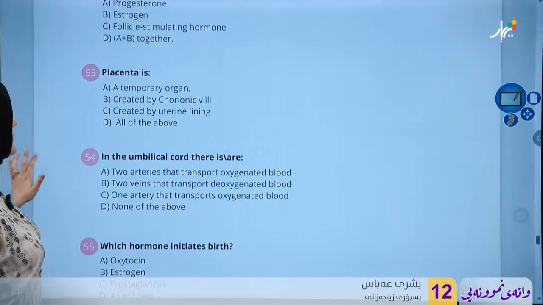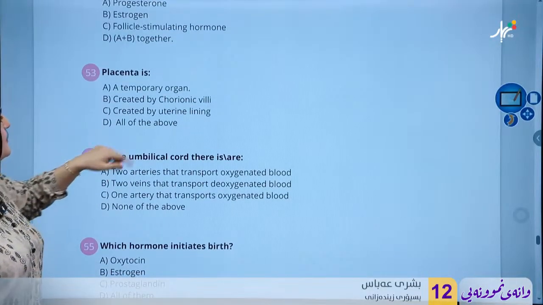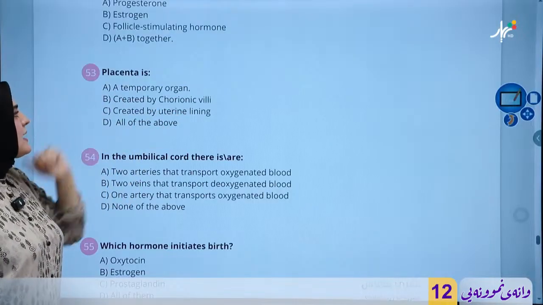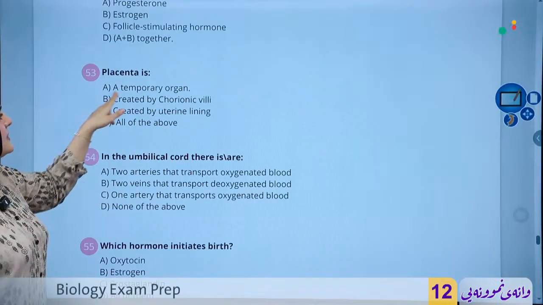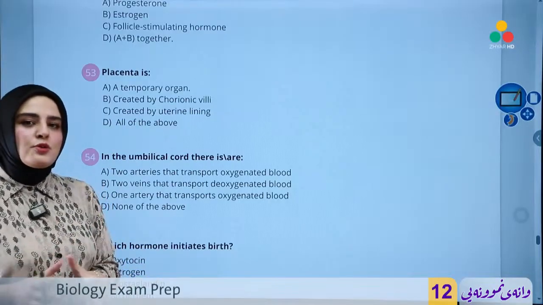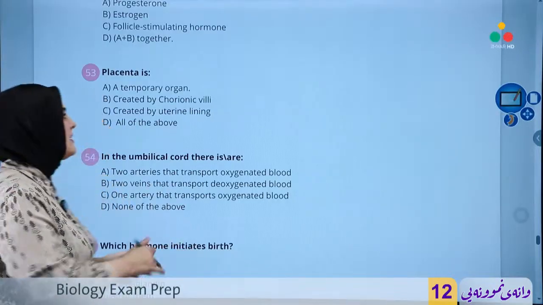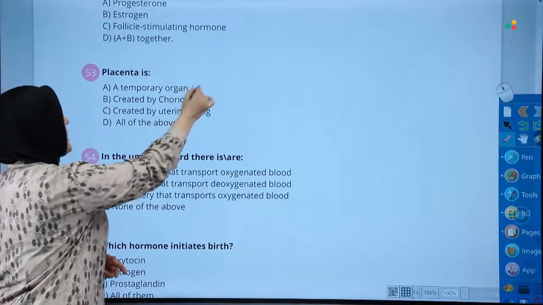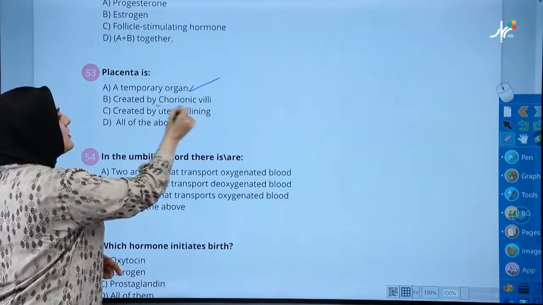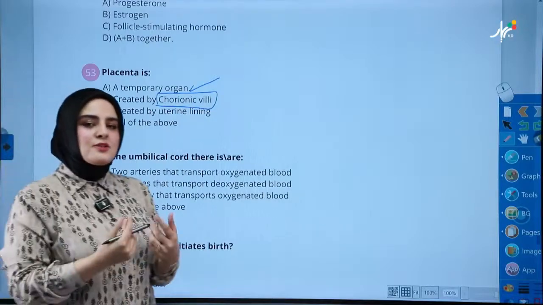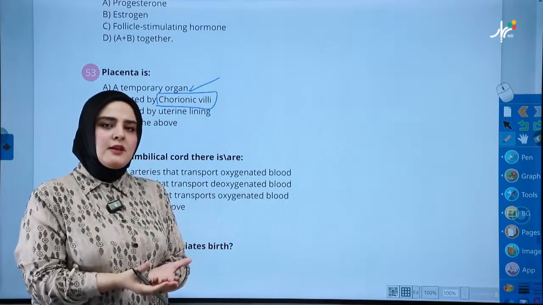As for this question, placenta, if you see, placenta has some descriptions. Let's see which one of these matches the description. Placenta is a temporary organ. Actually, it's right. You don't have this normally, only during pregnancy. So this is a correct answer. It's created by chorionic villi. Yes, the chorionic membrane is one of the 4 membranes of the embryo.